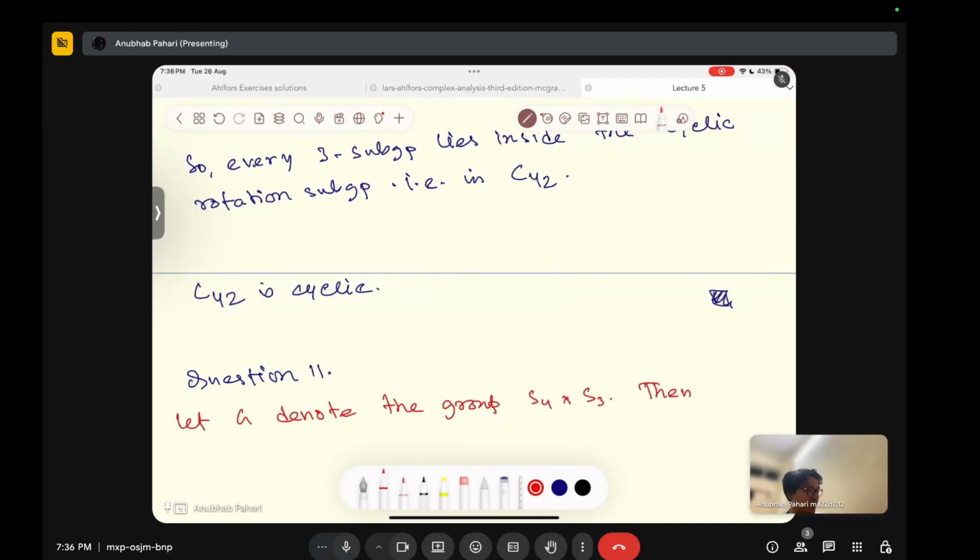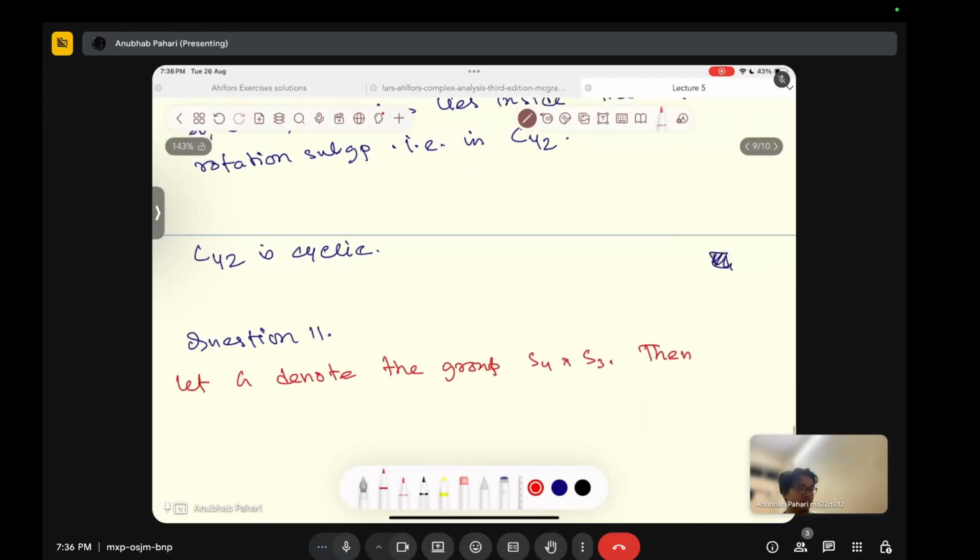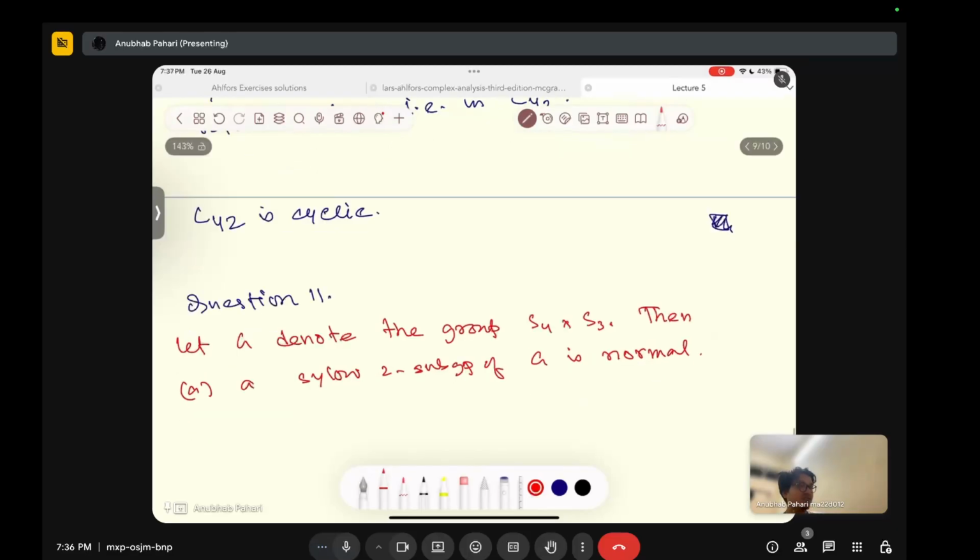Then option A: the Sylow 2-subgroup of G is normal. Option B: a Sylow 3-subgroup of G is normal.